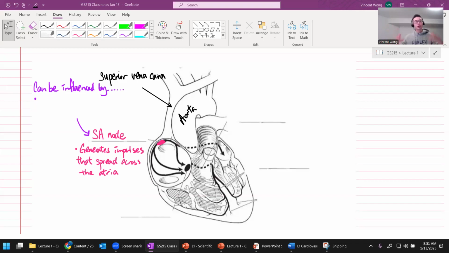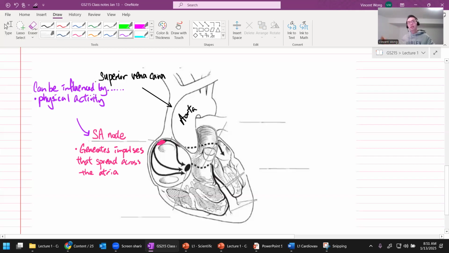If I want your heart rate to go up right now, what is one thing you can do and your heart rate will immediately go up within the minute? Okay, sure. Adrenaline. Yeah, exercise. That's right. So influenced by physical activity.